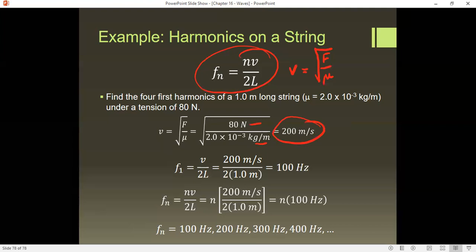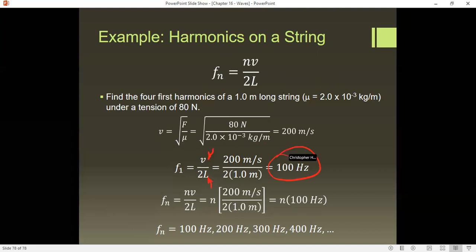So what is the fundamental? Fundamental frequency is equal to the velocity divided by the wavelength. So 200 meters per second divided by 2 times the length, 1 meter. Well, that's easy. The first harmonic is 100 hertz. If I calculate all the other ones, all I need to do is multiply by n.